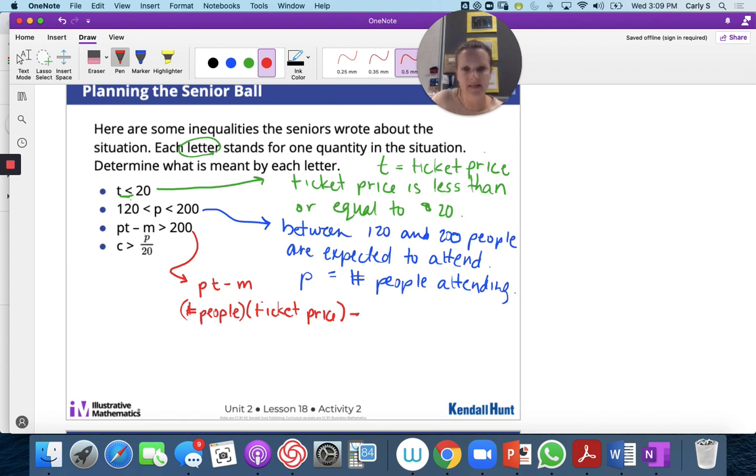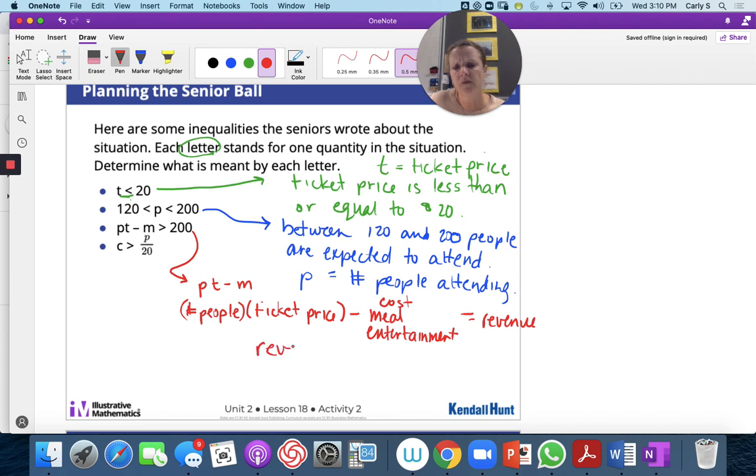Cost of meals and entertainment. That'd be the cost, equals revenue. Okay, it's not really what the problem's asking us, but I needed to define all those things before I could figure out what it means.